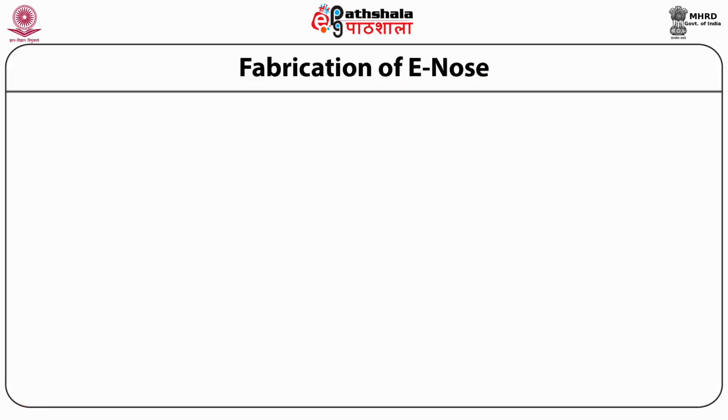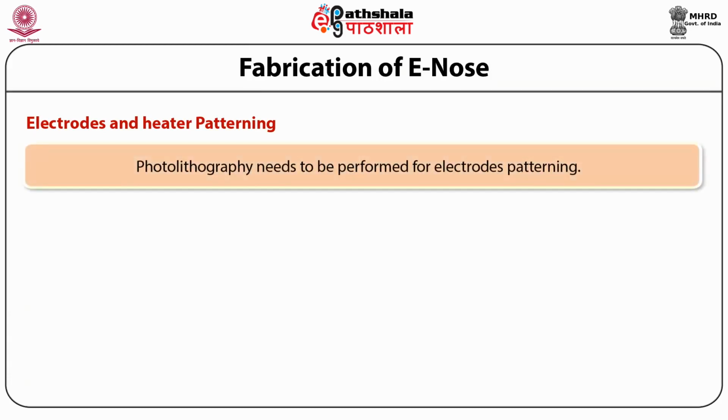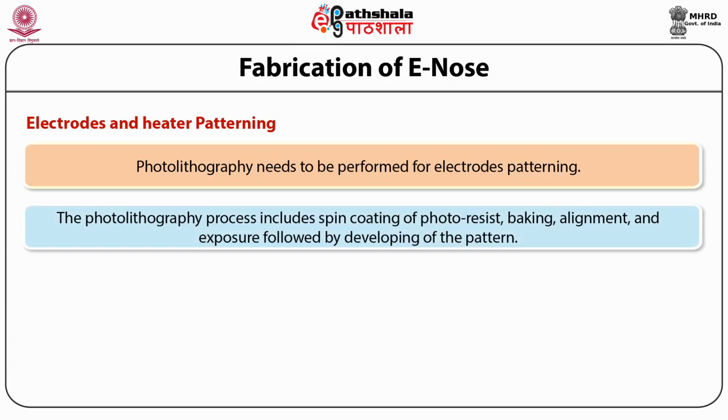The next is the electrodes and heater patterning. Photolithography needs to be performed for electrode patterning. The photolithography process includes the spin coating of photoresist, baking, alignment, and exposure, followed by developing of the pattern.